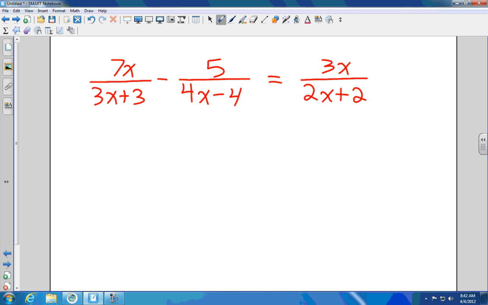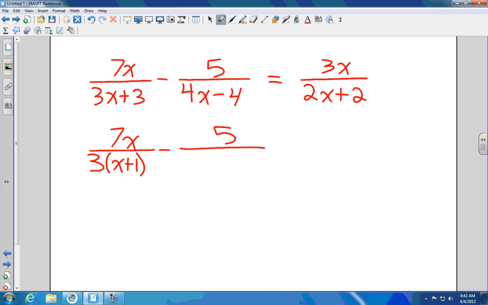Factor all the denominators if they're not. Can we do anything to this one? 3x plus 3. Take a 3 out. So I would just rewrite the problem and factor those bottoms. We take a 3 out, we are left with x plus 1. Minus, can we do anything to that denominator?